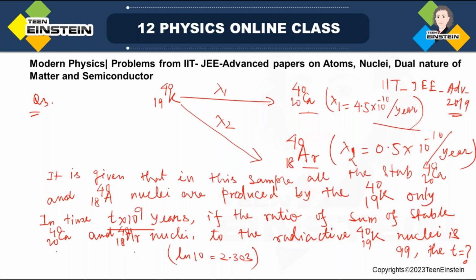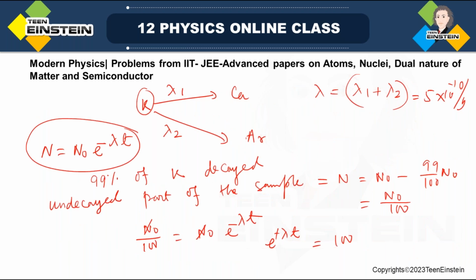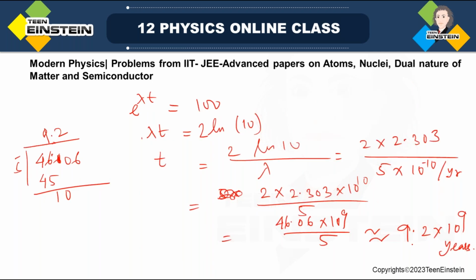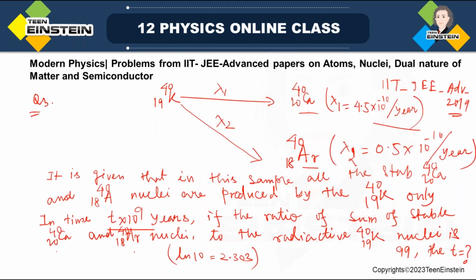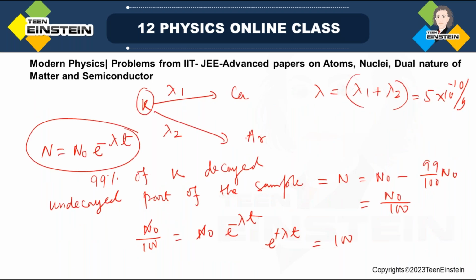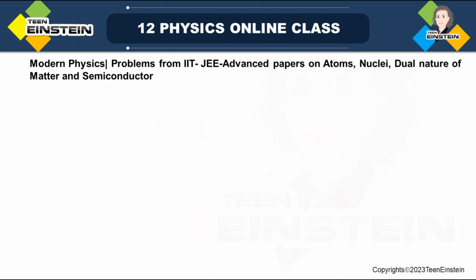So the total time is t into 10 to the power 9 years, as it was given, right? So we need to find out what is t. t is 9.2 then. So t is equal to 9.2.